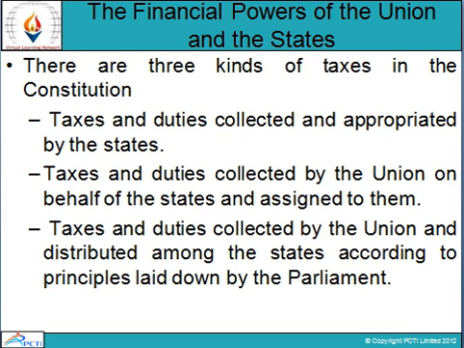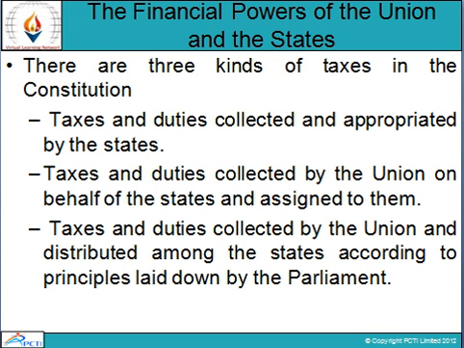There are three kinds of taxes in the Constitution. Number 1, taxes and duties collected and appropriated by the states. Number 2, taxes and duties collected by the union on behalf of the states and assigned to them.